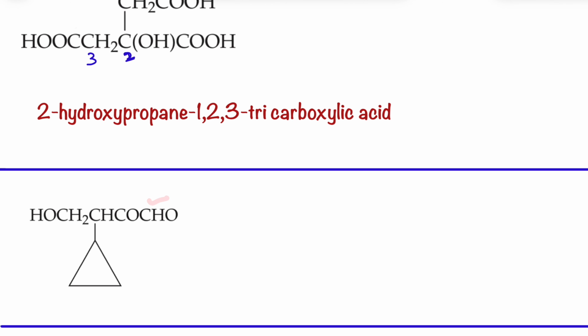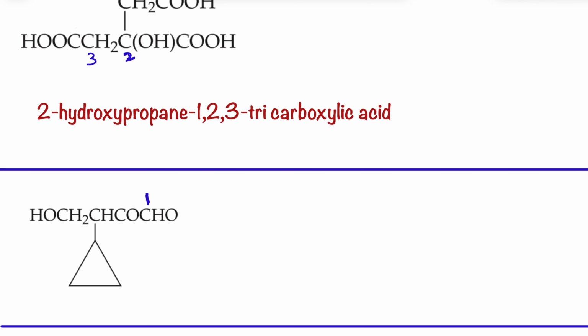And let us move on to the next example. Here we have aldehyde, here you have ketone, here you have alcohol. So there are two chains actually, closed chain and open chain. But the open chain has the functional groups, therefore this is the principal carbon chain and this is the branch. Aldehyde receives more priority.